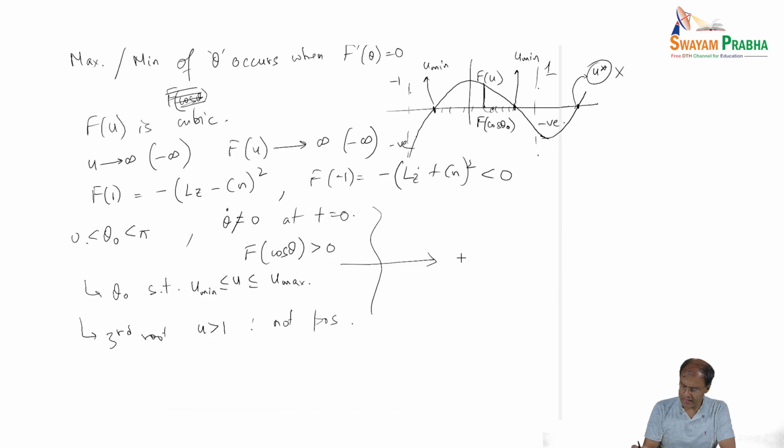So we expect a periodic oscillation when cos inverse u is between u min and u max, right? So theta lies between u min and u max, which means, what exactly is theta?